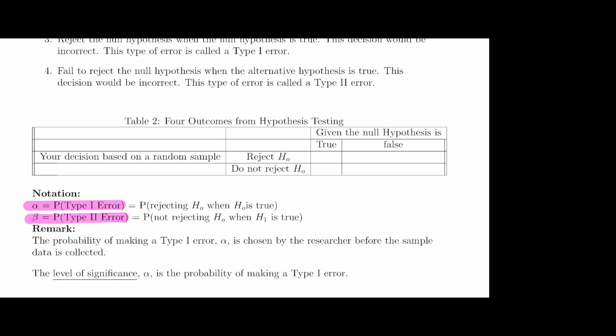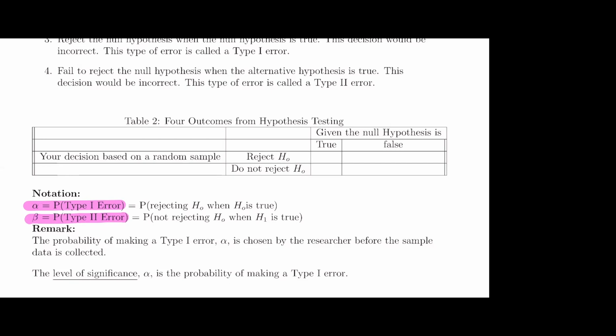All right, so let's go into what alpha and beta are, or a type 1 and a type 2 error. A type 1 error is when we reject the null hypothesis when the null hypothesis is true. Rejecting the null hypothesis means I came up with the conclusion that the alternative hypothesis is correct.